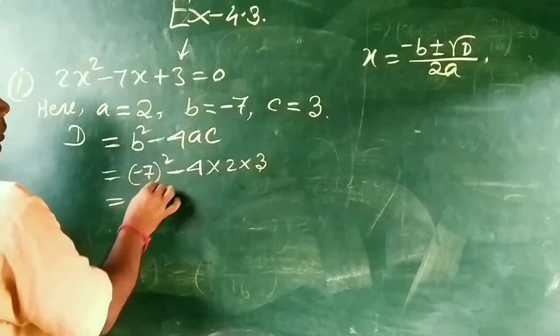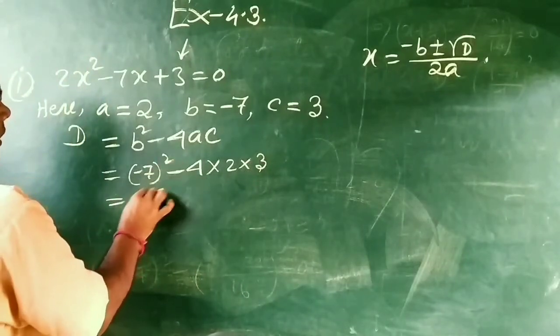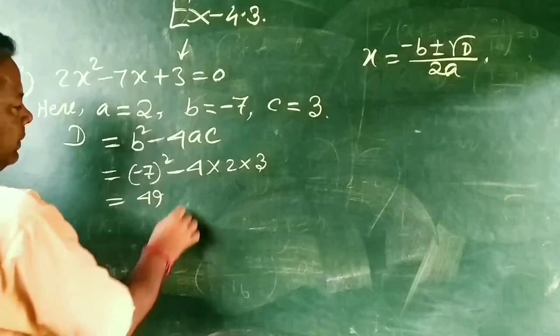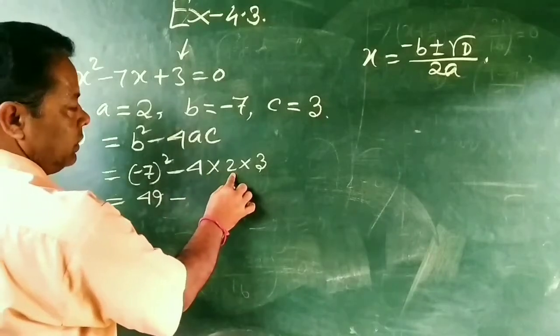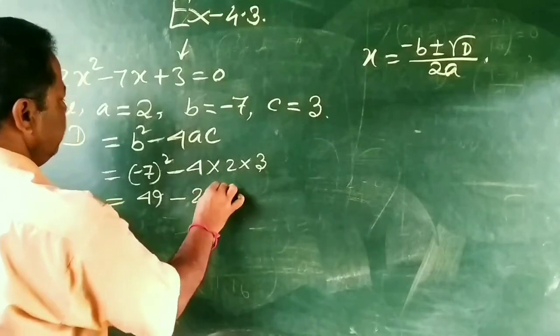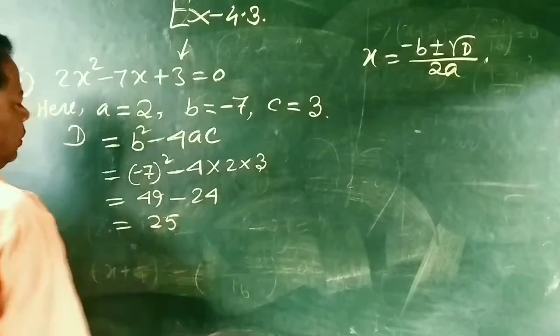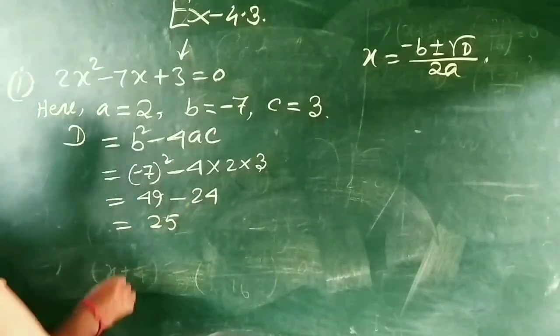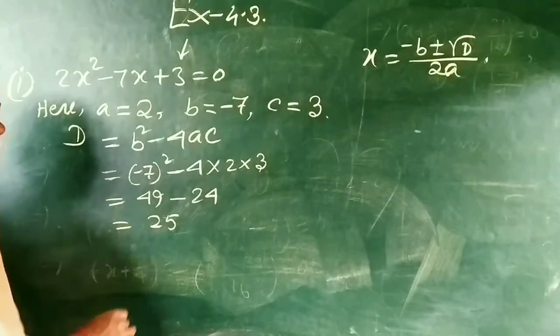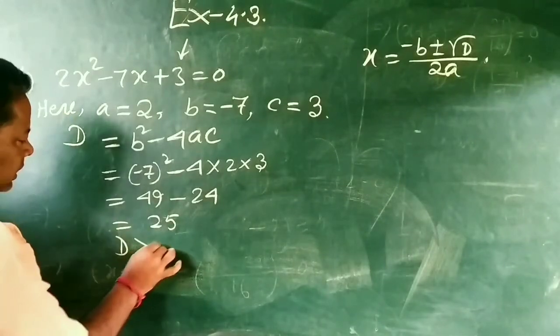Then minus 7 whole square is plus 49, minus 4 twos are 8, 8 threes are 24. Then 49 minus 24 is 25, which is greater than 0. This 25 is positive.